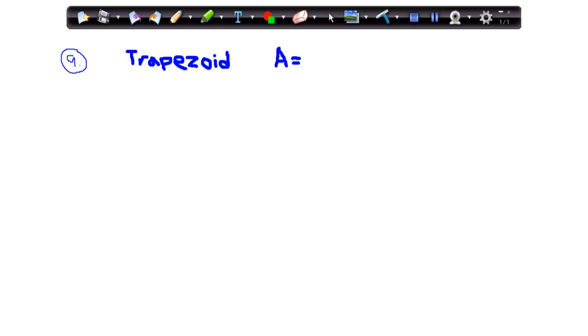So area, A, is equal to half H for height, B1, which is base 1, plus base 2. Okay, so there's your formula.